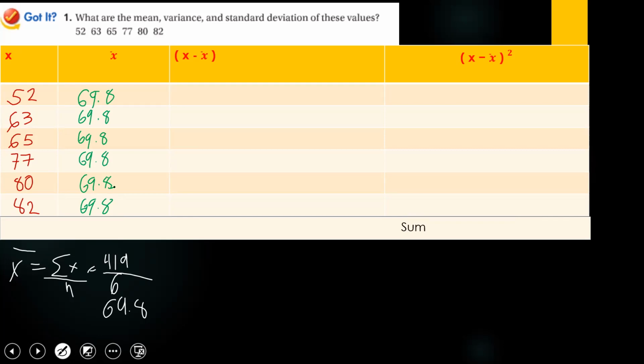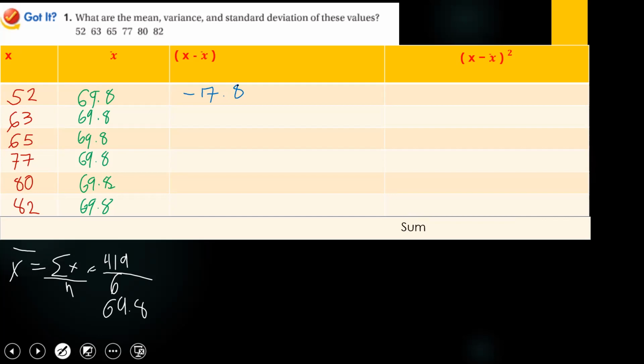Then I have to find the difference between each value and the mean. So 52 minus 69.8, which is negative 17.8.